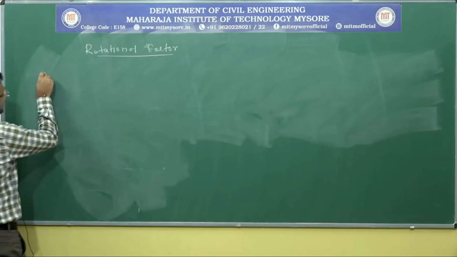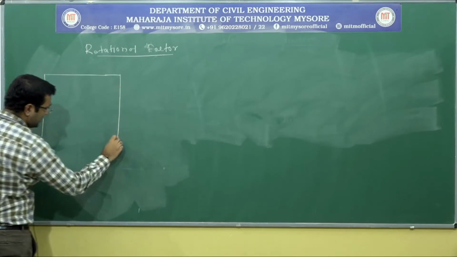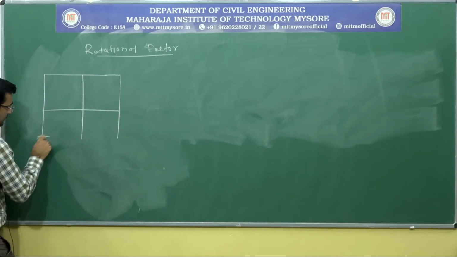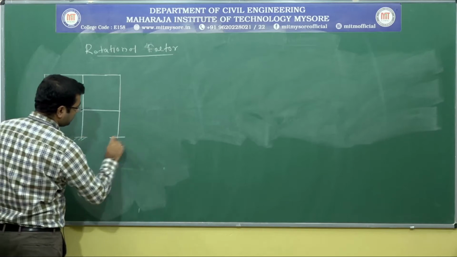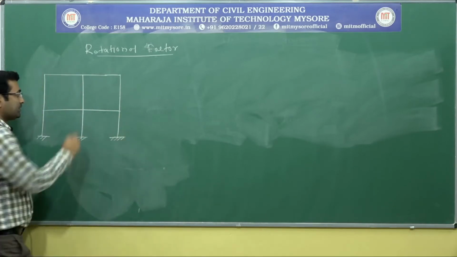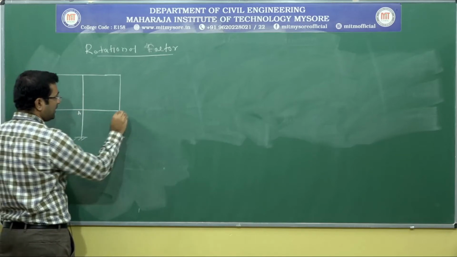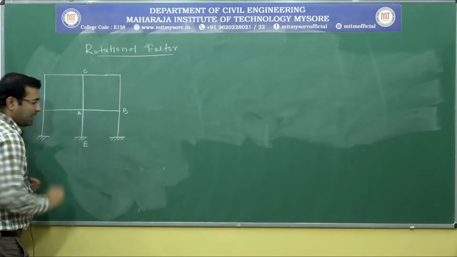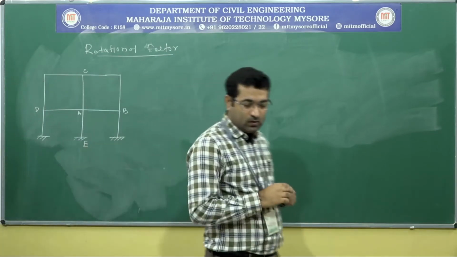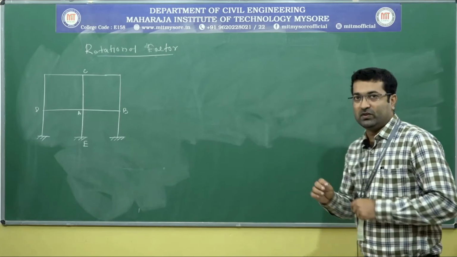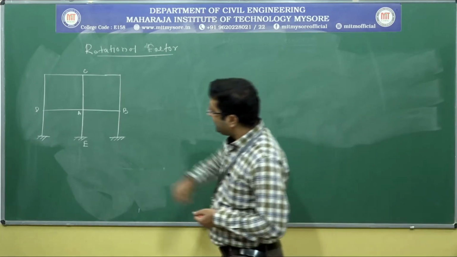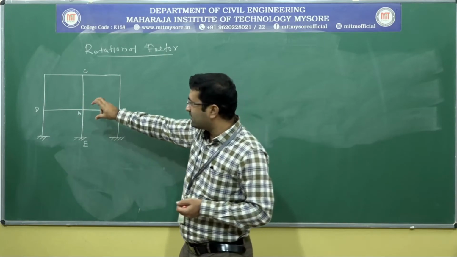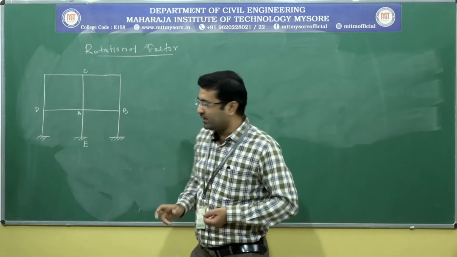Let us say we have a multi-story frame here. Let us say this is joint A, this is B, C, D and E. I am not naming all the joints, these are the only 5 joints which I require, so I have named only those 5. Now, let us say the joint A has undergone a rotation due to some external loading conditions.